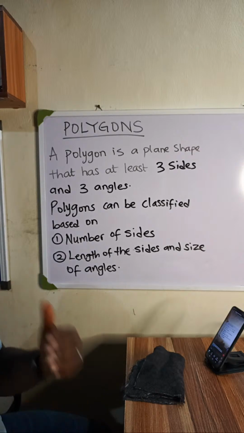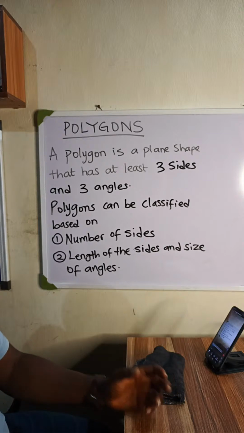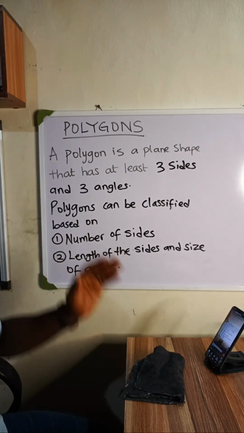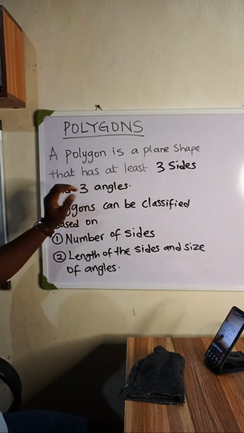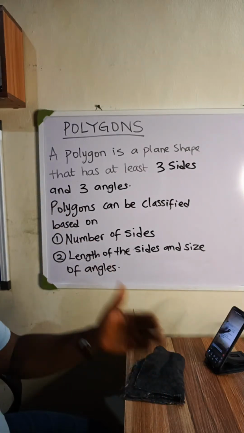Okay, so before you start solving, you need to understand the basics of the topic. So that's what we are trying to do. So now we understand that a polygon is a plane shape that has at least 3 sides and 3 angles.